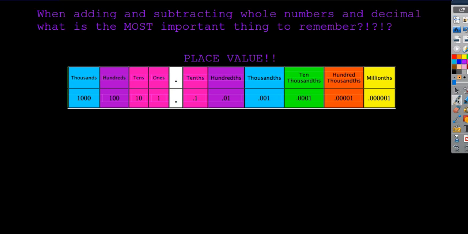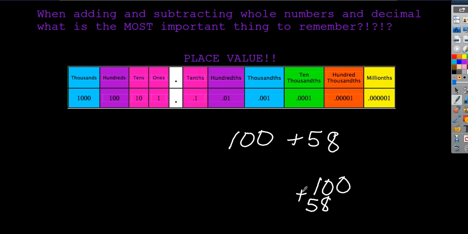So, for example, I cannot take 100 plus 58 and line it up by the first digits because 1 and 5 are not both hundreds. 5 is in the tens place and worth 50. 1 is in the hundreds place and worth 100. I have to line up my ones, my tens, and my hundreds, and then I can go ahead and I can add.